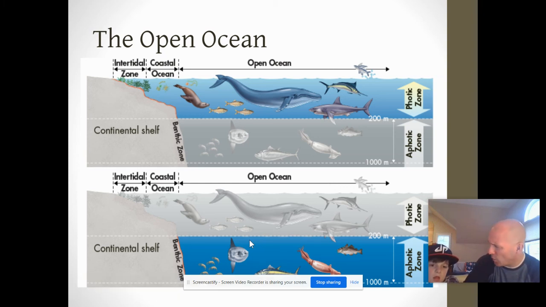You also can have these things called whale fall communities. Whales are so large that when they die, their bodies float down, and that whale carcass can be the nutrients to have its own ecosystem based around it for a number of years, because it takes a while for them to decay, which is kind of cool.